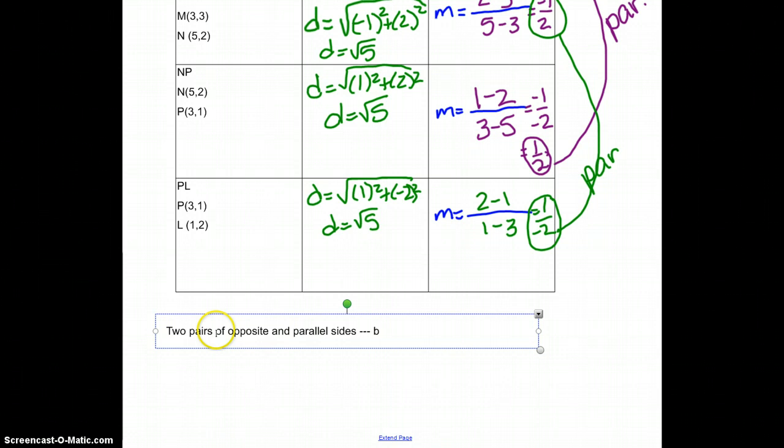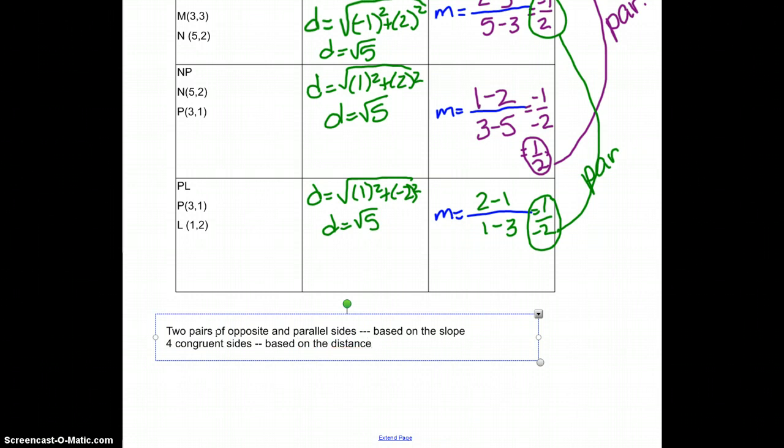Remember, this stuff is based on the slope. I also have 4 congruent sides, and this is based on the distance formula. So if I had to venture a guess at what this is by looking at my definitions, I would know that this has to be a rhombus.